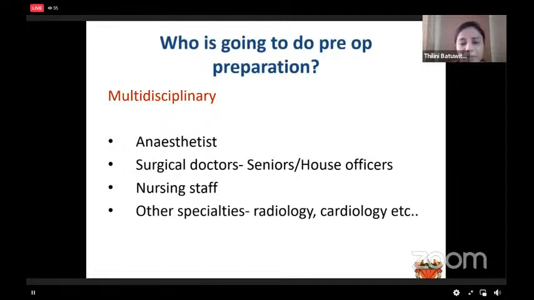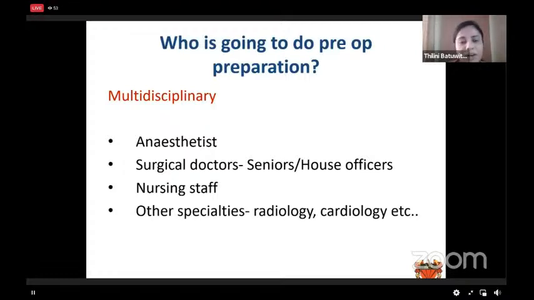The pre-op preparation is multidisciplinary, meaning a lot of disciplines are involved. It's not only the anesthetists; your ward doctors, that is seniors and house officers, will mainly be involved in this assessment and optimization. In addition, nursing staff and, where indicated, other specialists like radiologists and cardiologists will also be involved in the assessment and optimization of these patients.